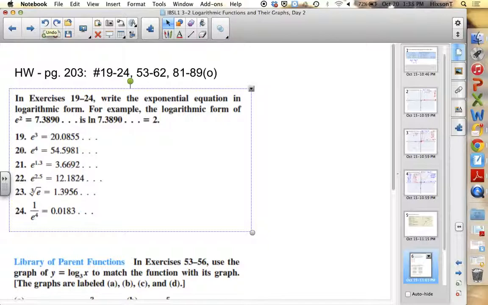Notice the example here. By the way, what's a cube root? What power of e is that? 1/3. Remember roots, the index goes in the denominator, okay? So it's the 1/3 power of e, okay? Negatives are like this one, okay?